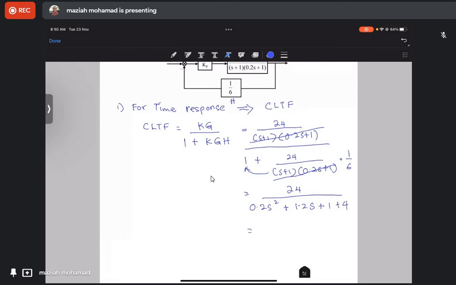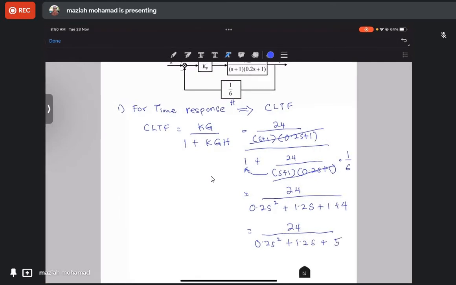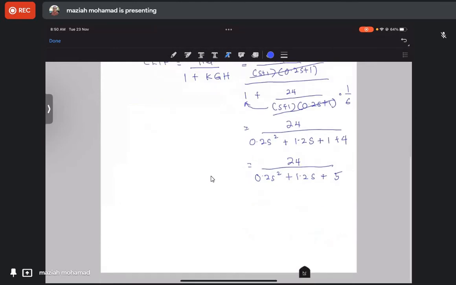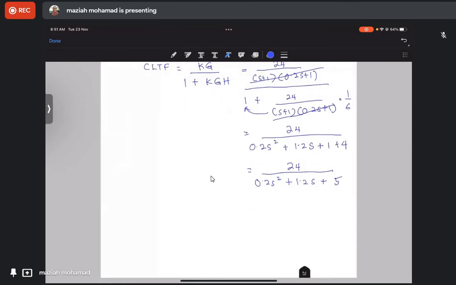So the final transfer function will be 24 divided by 0.2s square plus 1.2s plus 5. Right, so we get the closed loop transfer function.